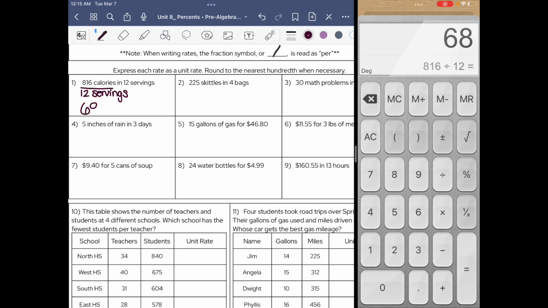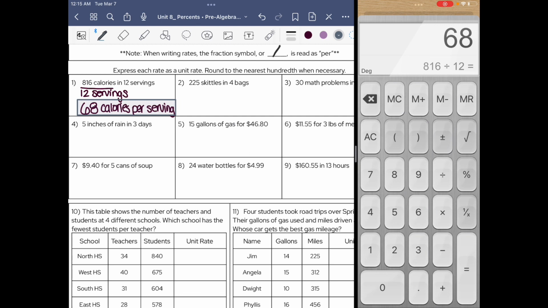The reason why I said that fraction bar means the word per is because that's 68 calories per serving. So then we know exactly how many calories we have in one serving, which makes it easier to find like 2 servings or 3 servings or 4 servings.